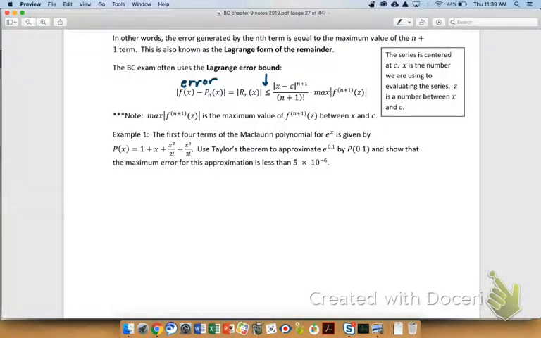Let's talk about what these different pieces are. C. You've seen C before, haven't you? Centering point. That's right. Okay. So N, and this would be true of all the N's that you see here. Isn't N just the degree that we went to? So I'll put degree of polynomial.